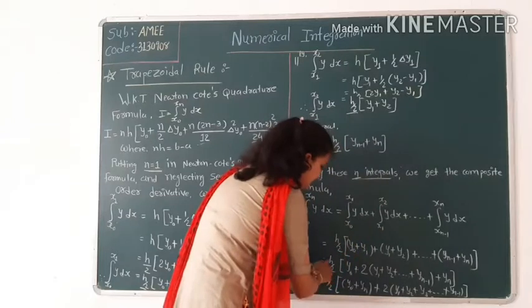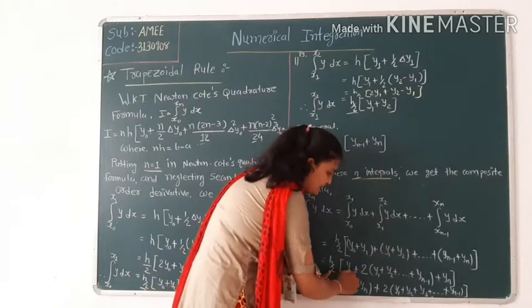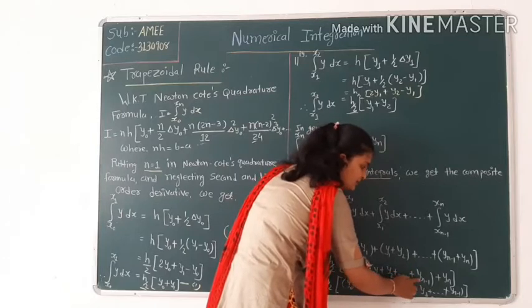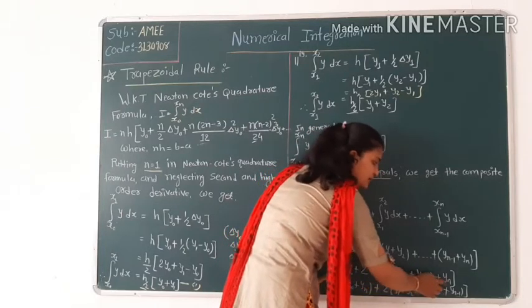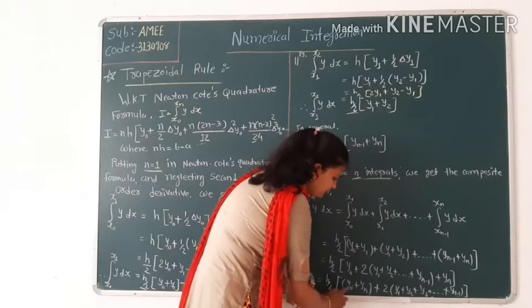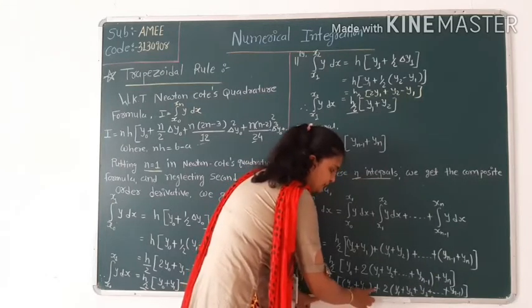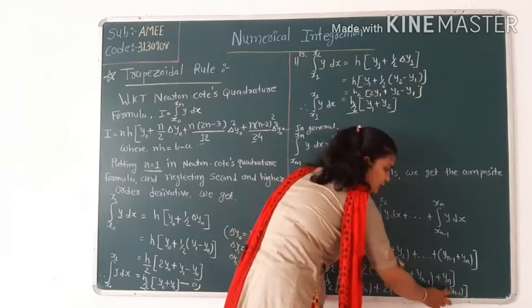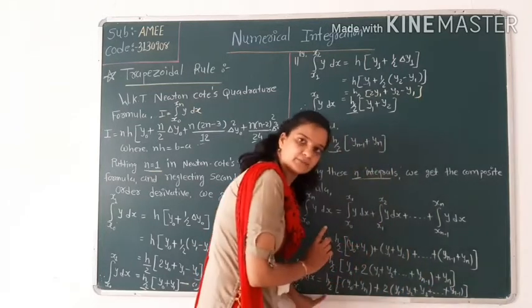So we write it as h by 2 [y0 plus 2 times (y1 plus y2 plus and so on up to yn minus 1) plus yn]. So we can write h by 2 [(y0 plus yn) plus 2 times (y1 plus y2 plus y3 and so on plus yn minus 1)].